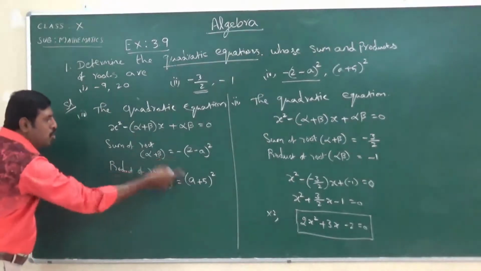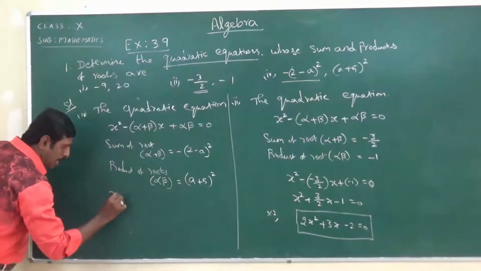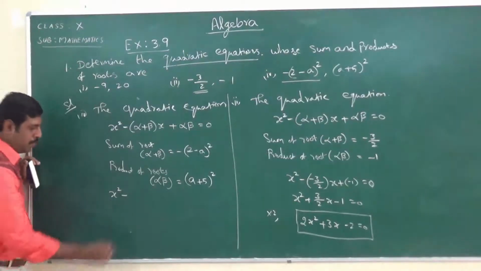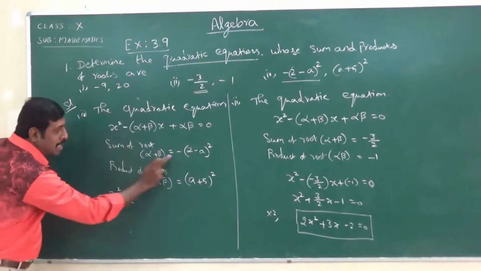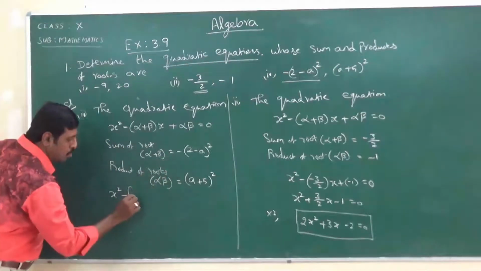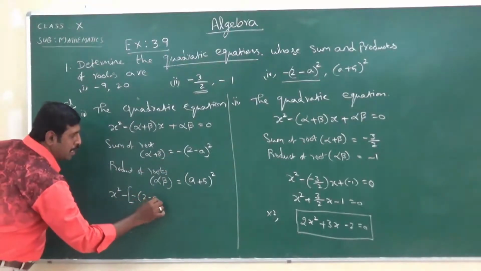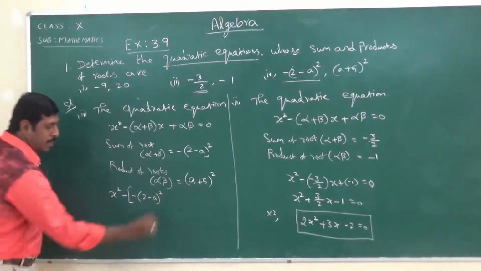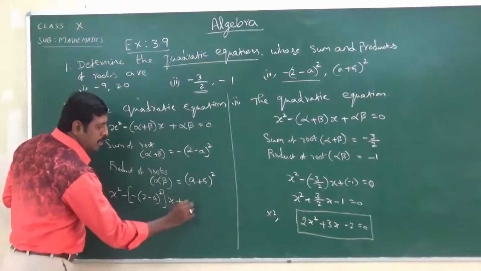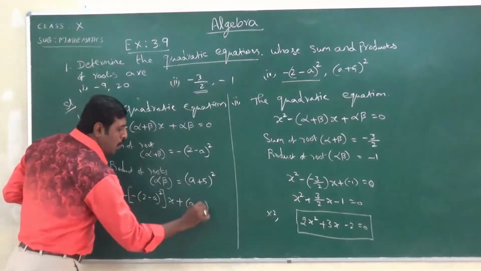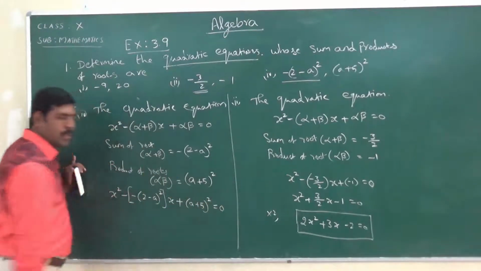Now these values should be applied here. Then x square minus of, see clearly here we have the formula, we have minus, so minus of 2 minus a whole square into x plus a plus 5 whole square is equal to 0.